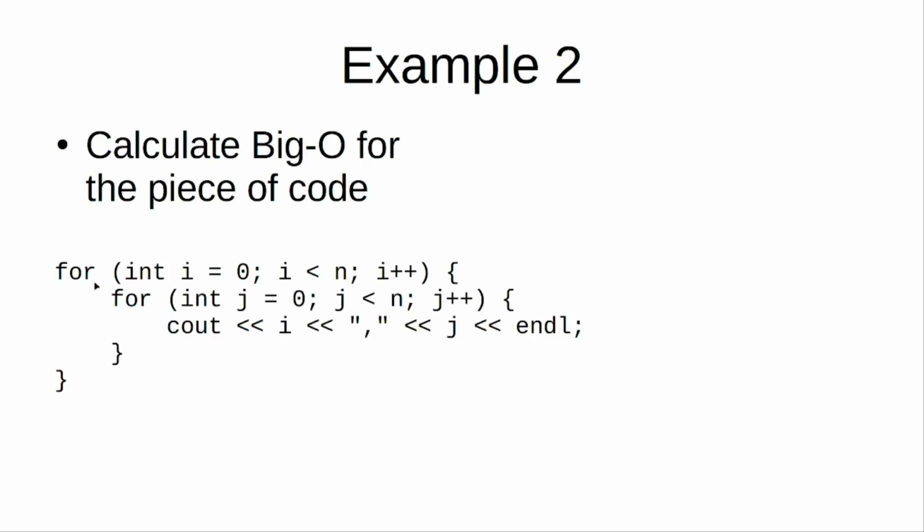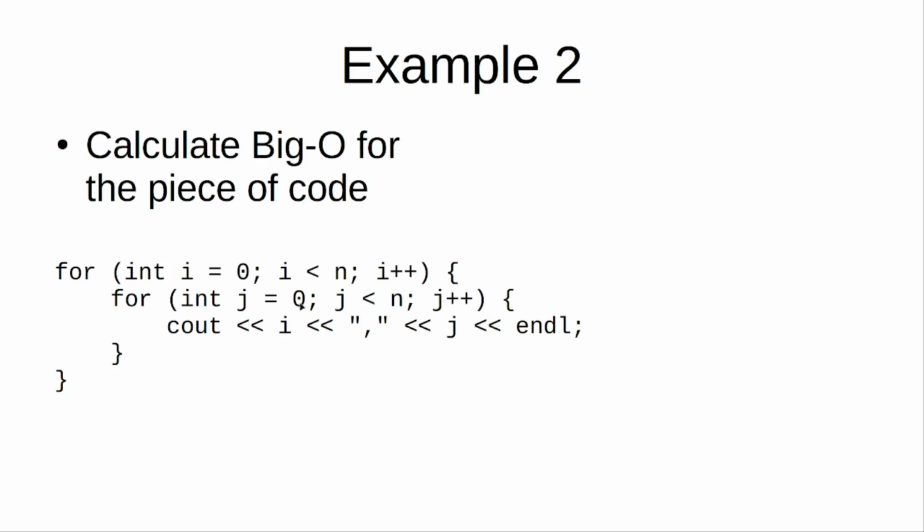And then in our next example, we have a nested loop. So we have for int i equals 0, i less than n, i plus plus, and then nested within that is another for loop, int j equals 0, j less than n, j plus plus. And then we output both i and then a comma and then j.